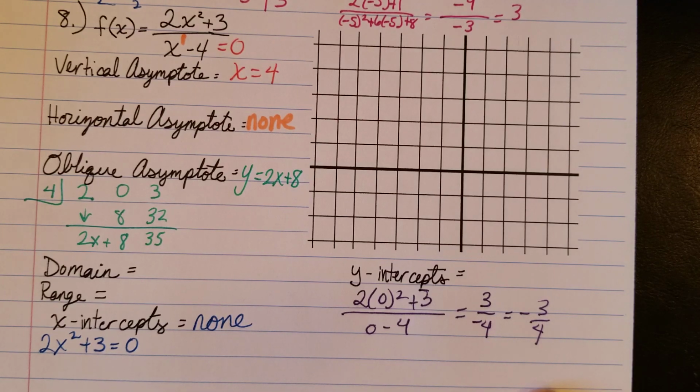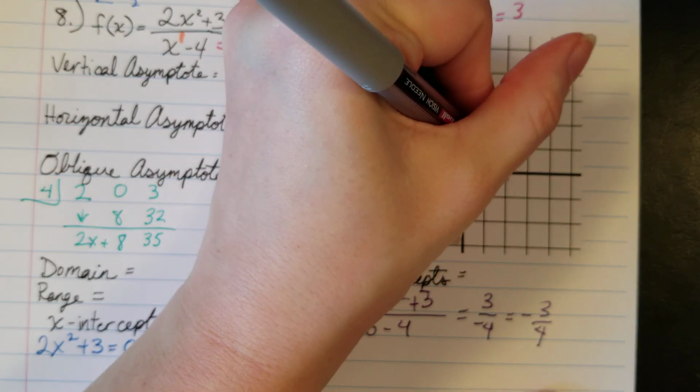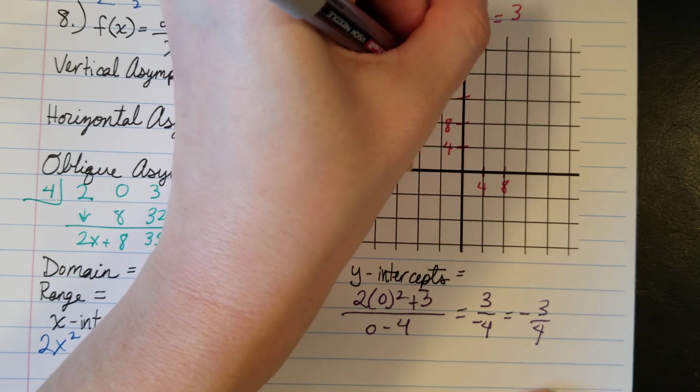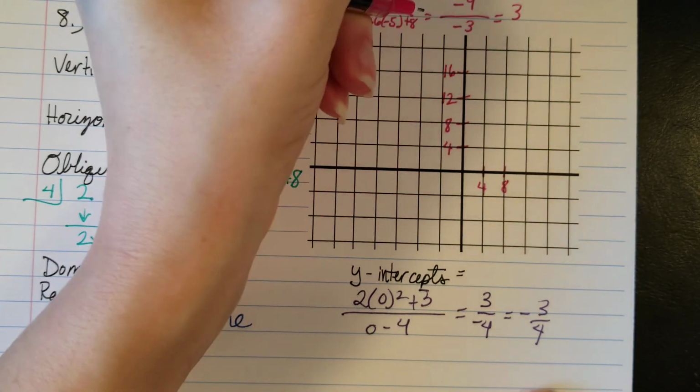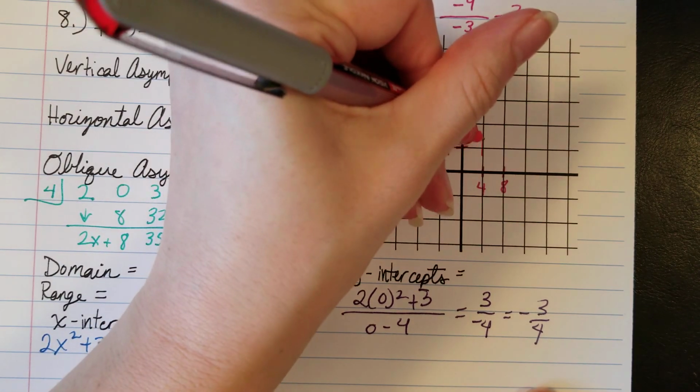I'm just going to go ahead and count by 4s, and hopefully that'll be good enough. 4, 8, this will be 4, 8, 12. Okay. Let's see. So then the vertical asymptote is at 4.